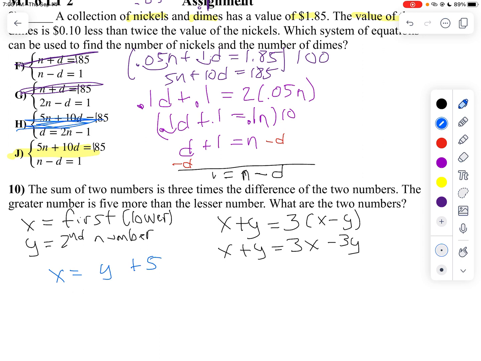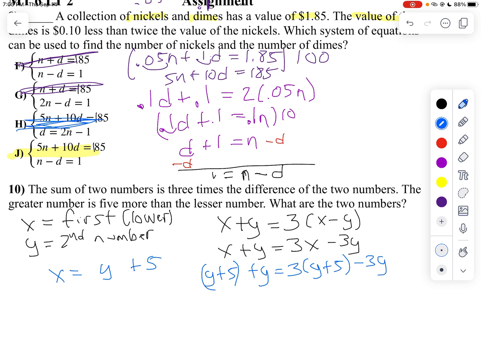Well, that works out kind of nice because y is by itself. So I'm going to replace y with x plus 5. So I'm going to write over here x plus 5 plus x equals 3 times x plus 5 minus 3x.